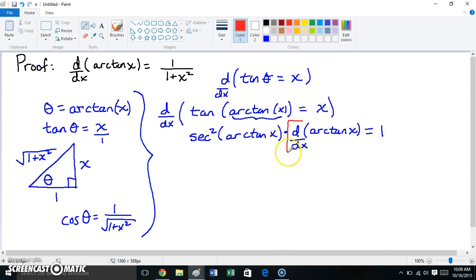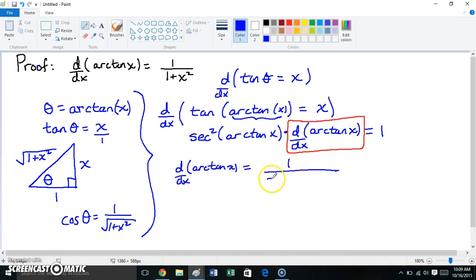All right, notice this factor, the derivative of the arctan of x, is what I'm trying to find. So let's isolate that term, the derivative of arctan of x with respect to x will be equal to 1 divided by the secant squared of arctan of x.